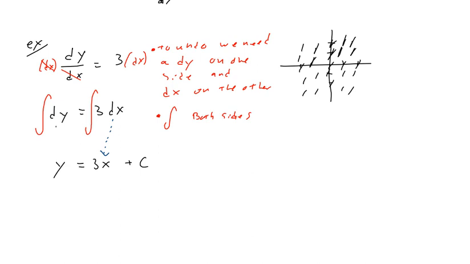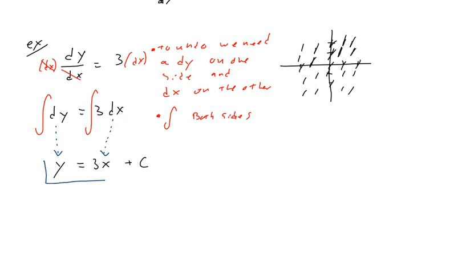Integral of dy gives me the y back, just like an integral of dx. So what we're saying is what direction we're doing the integral of. We're doing the integral of the y variable here, and we're doing the integral of the x variable here. That's why every integral has to have a d whatever, dx, dr, dy, dm, dt, whatever your variable is, you're doing the integral of that variable, and you get that variable back.